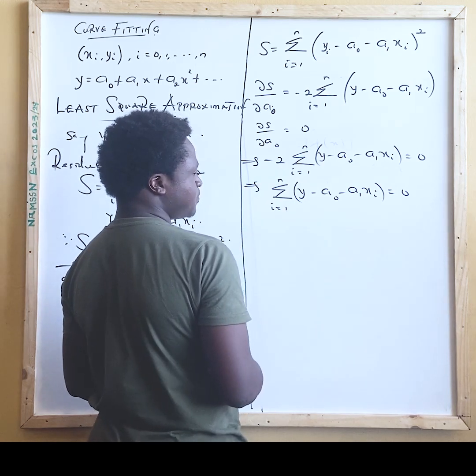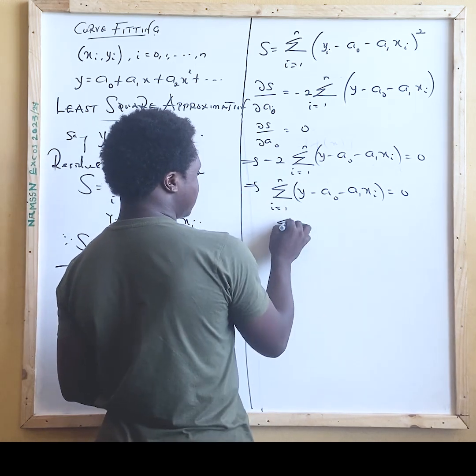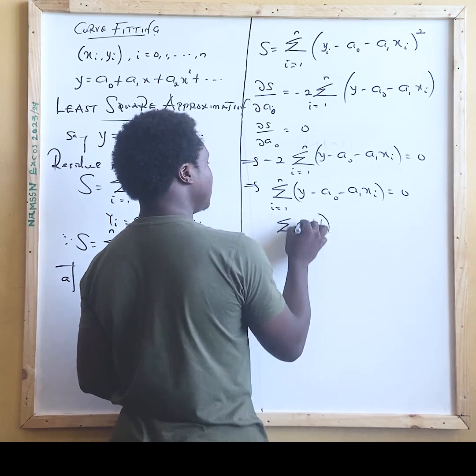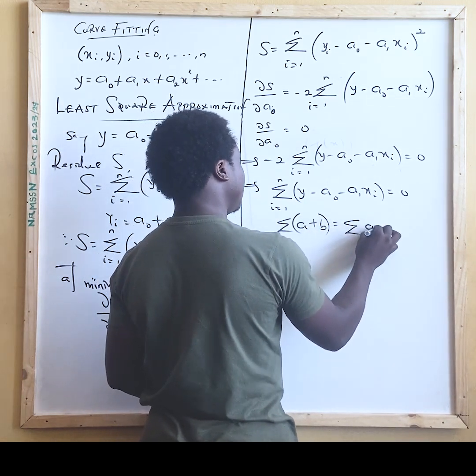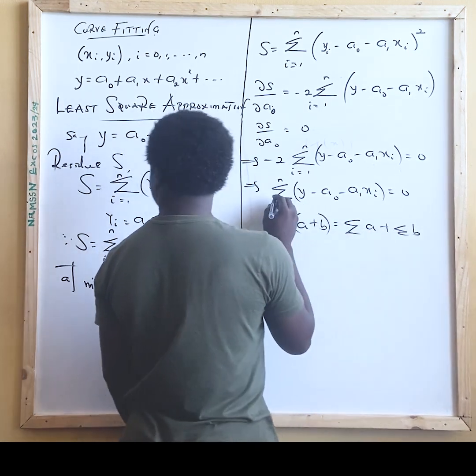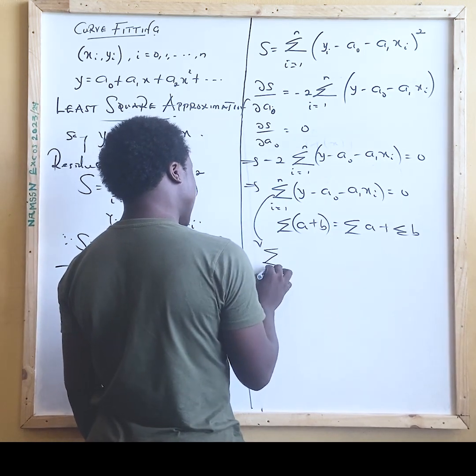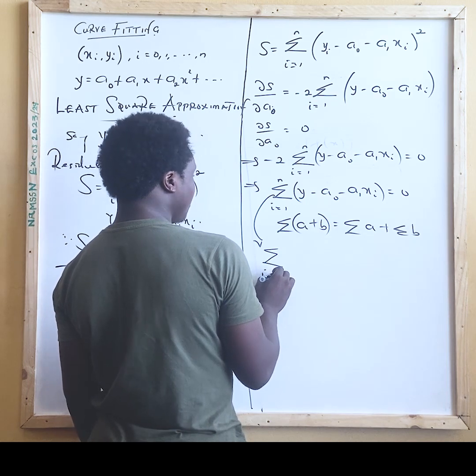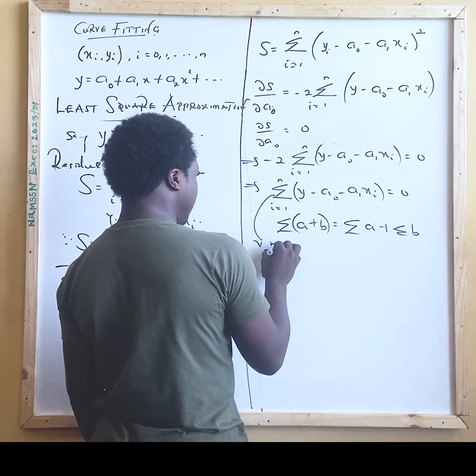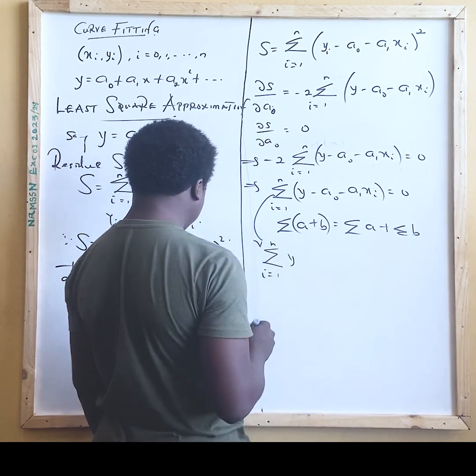Of course, you know that summation of a plus b is equal to summation a plus summation b. So this equation here can become summation i from 1 to n of yi, sorry, we have omitted something.